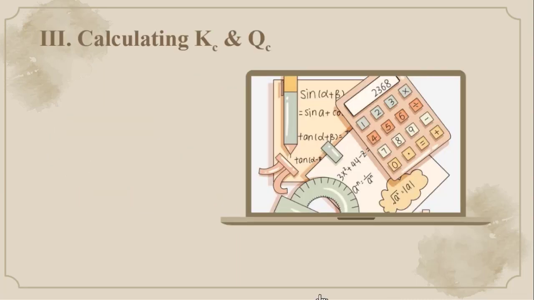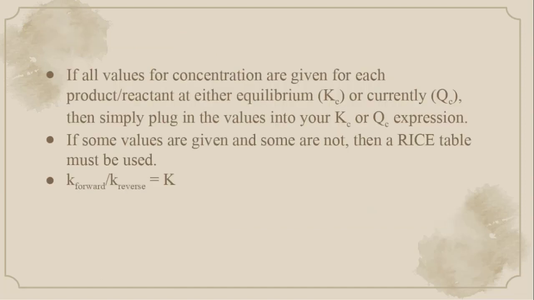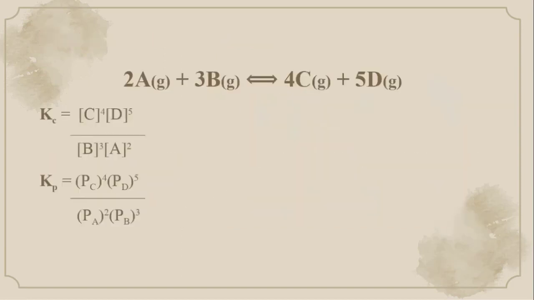All right, and now we're going to be talking about calculating Kc and Qc. If all values for concentration are given for each product and reactant at either equilibrium or currently, then you just plug in the values into your specified equilibrium expression. So let's go back to this reaction. Let's say they give you the concentrations for A, B, C, and D, and they say these are the values at equilibrium.